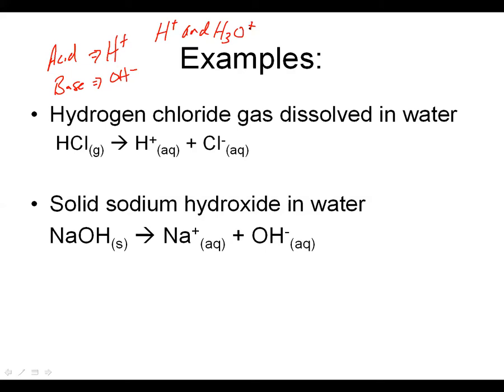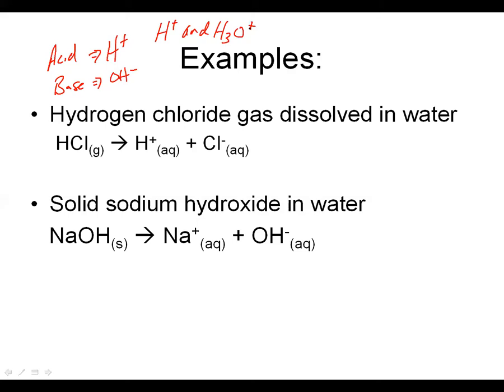So they're used interchangeably. Sometimes you'll see people use H plus in formulas, sometimes H3O plus. But again, they're basically the same here in acid and base chemistry, both in formulas and also in equations.